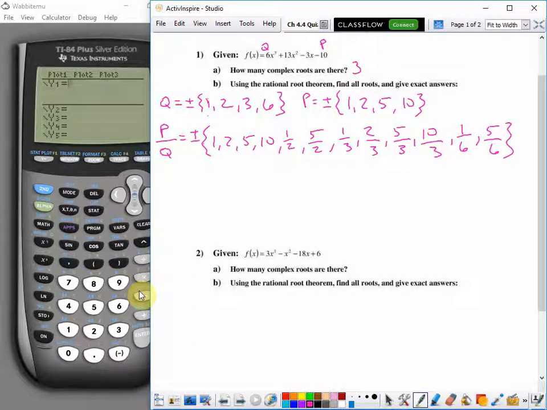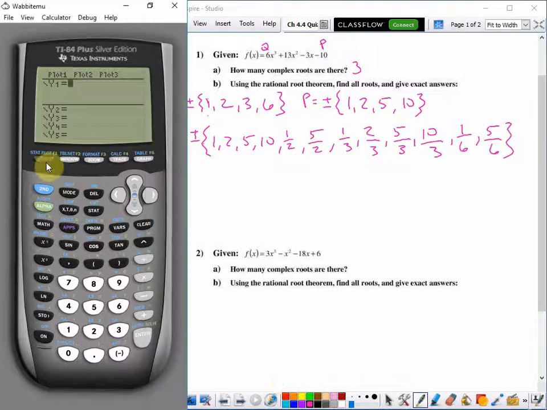So I need to check on my calculator. I don't really have to use a calculator. I can always just start plugging these numbers in, the positive version and the negative version, into this equation. So if I don't have a graphing calculator, that's what I'm going to have to do. And anything that gives me an output of 0 is a root. If I have a graphing calculator, it's much easier.